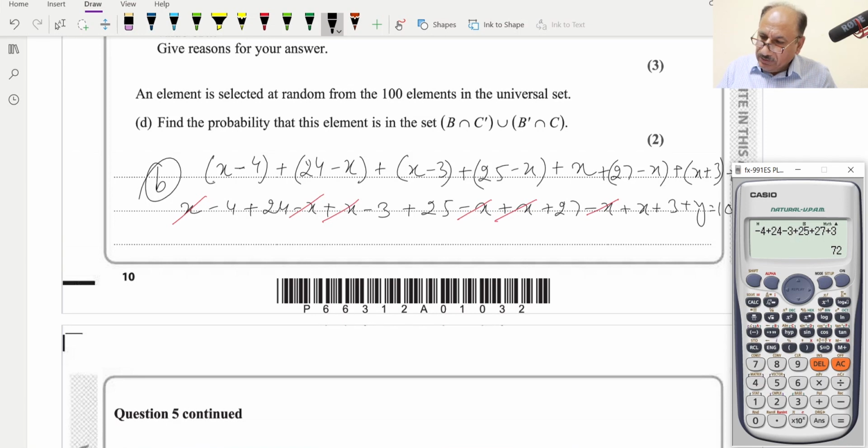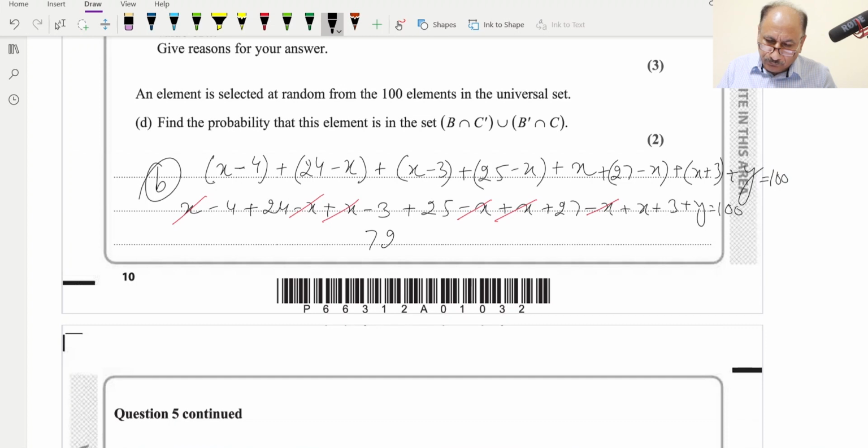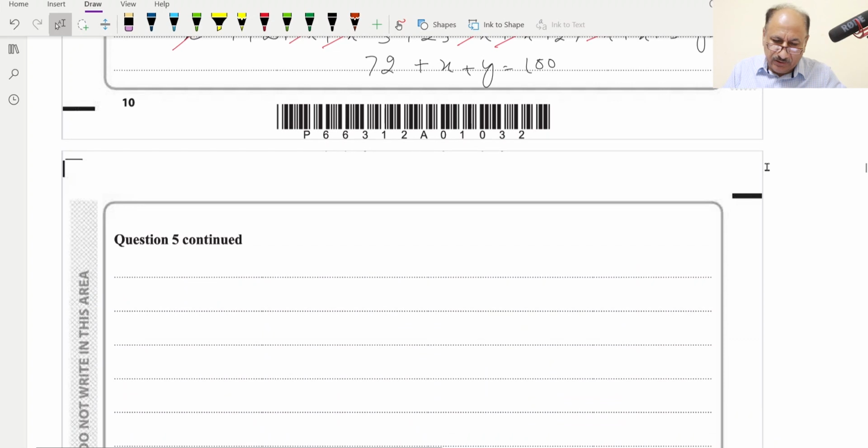So this will be 72 plus x plus y is equal to 100. So we can write the equation on the next page: y is equal to minus x plus 100 minus 72.